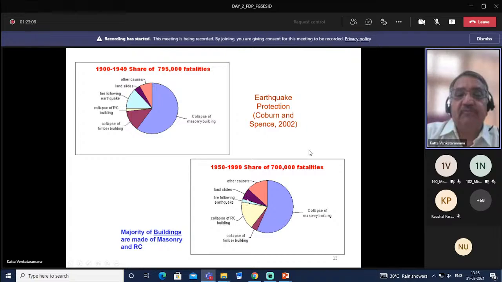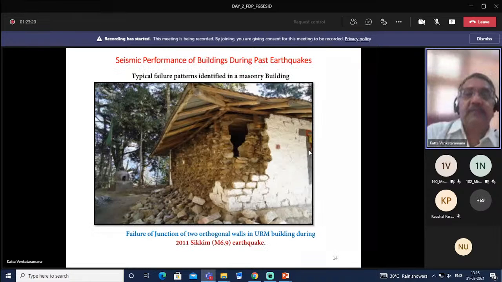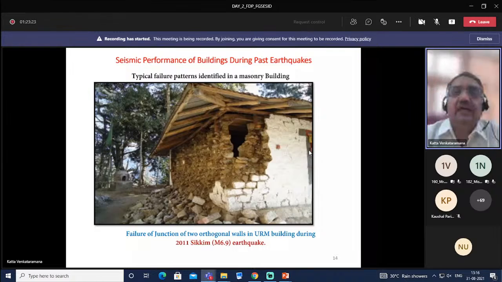Then fire following earthquake, landslide, and other causes. So the majority of buildings all over the world are made of masonry and RC, and it is very essential we include earthquake resistant features in these buildings.